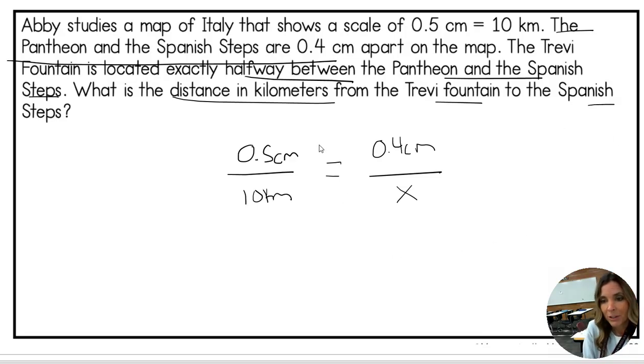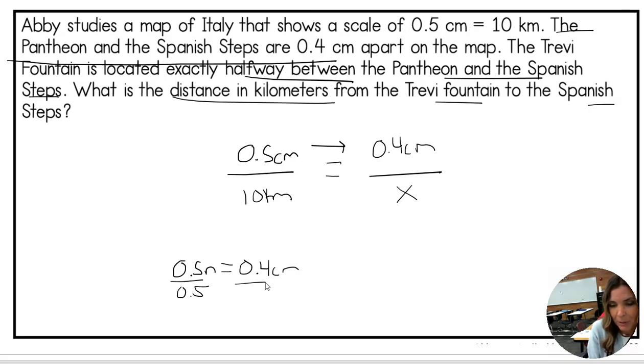So first thing we need to do is find our scale factor. We want to know 0.5 times what number gets us to 0.4 centimeters. So when we divide both sides by 0.5, that scale factor number is 0.8.